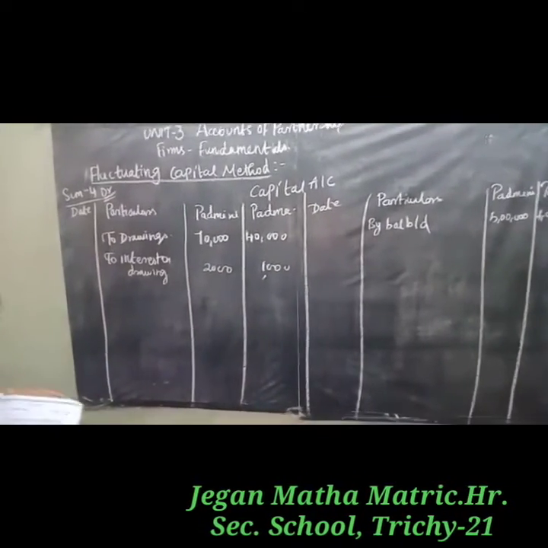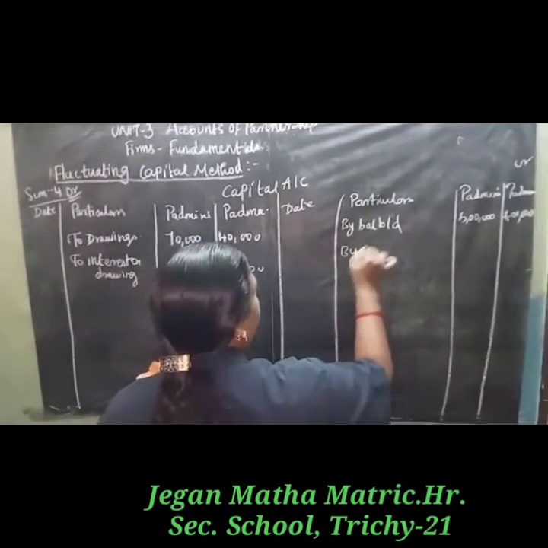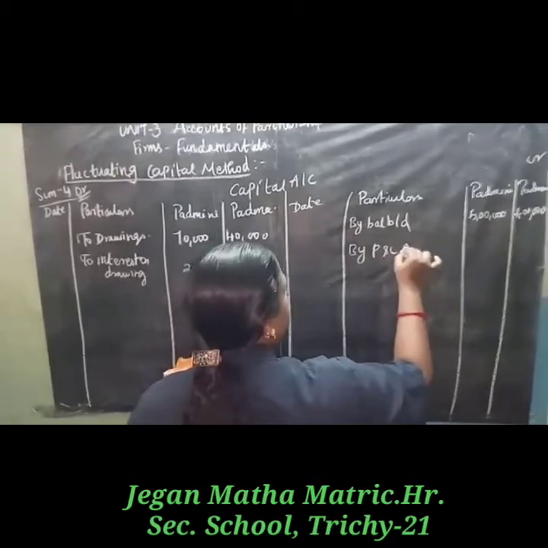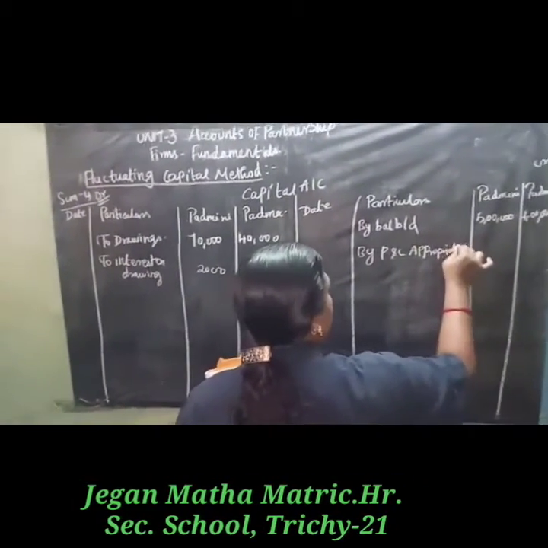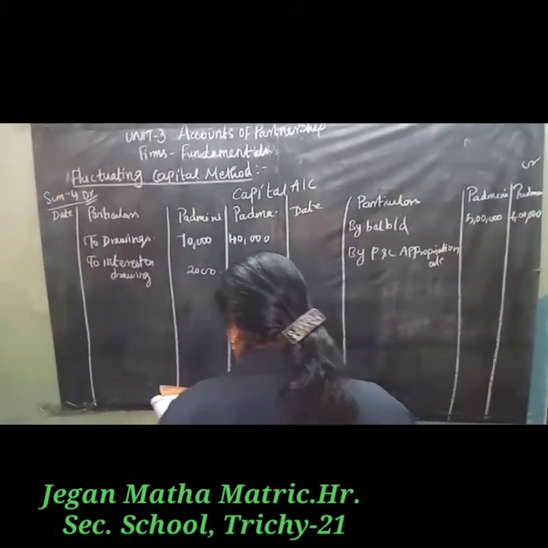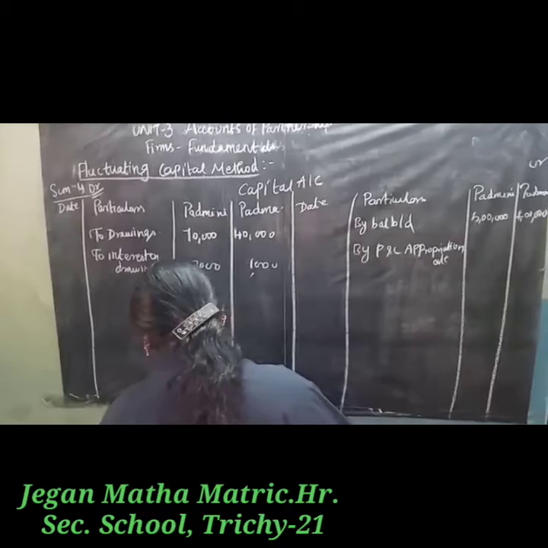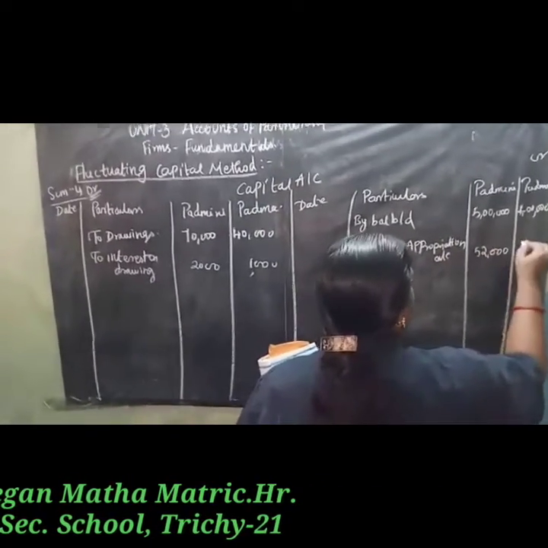The next, share of profit for 2018. So we have to write by profit and loss appropriation account. How much? 52,000 and 40,000.